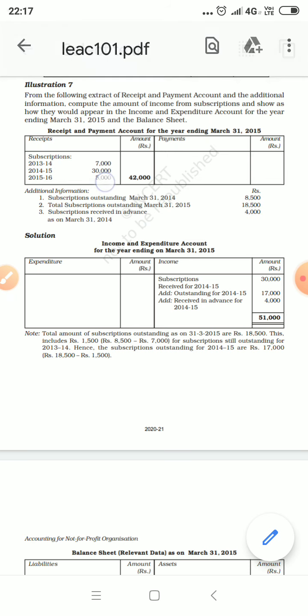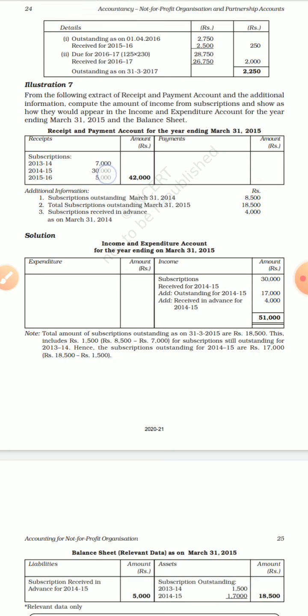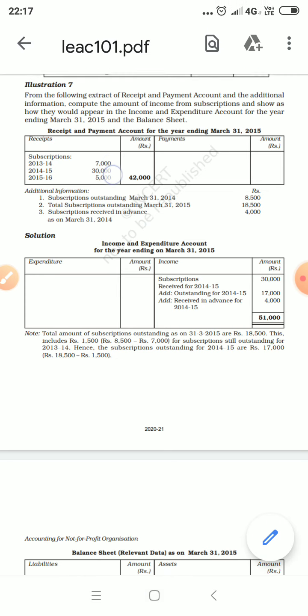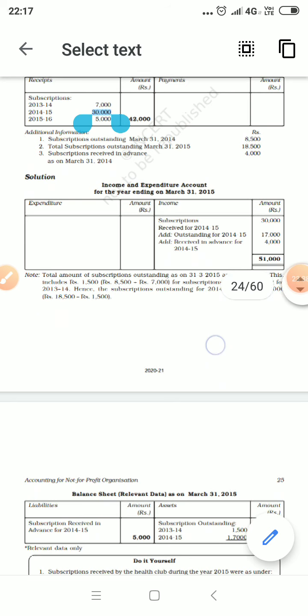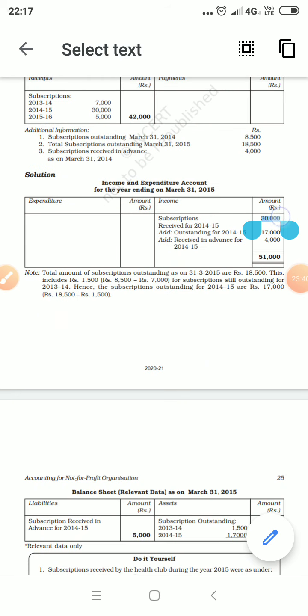Whenever you have split ups, 7,000, 30,000 and 5,000, that is previous year, current year and next year, you need not take 42,000. Just take 30,000 directly. This 30,000 will appear in the inner column. Okay. This is the inner column. It will appear here, income side of your income and expenditure account.